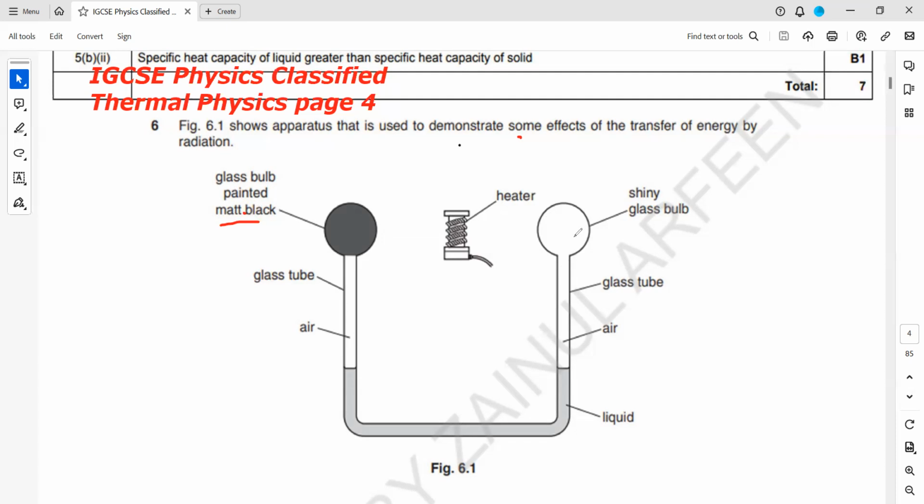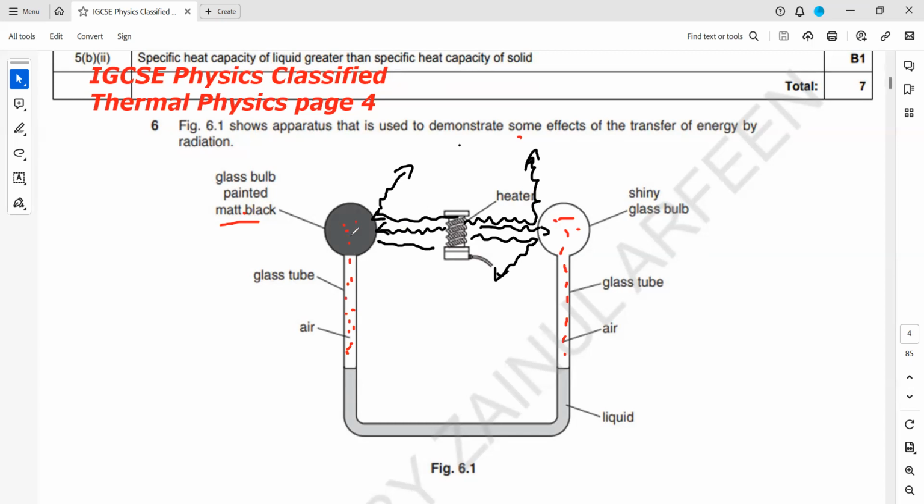Another one is shiny, and there is air present inside both of the bulbs. Because we know dull and dark surfaces are good absorbers, when heat energy is given out from the heater, most of the energy is absorbed by the dull and dark surface. But shiny, smooth or polished surfaces reflect the heat energy. It will absorb some, but not too much.